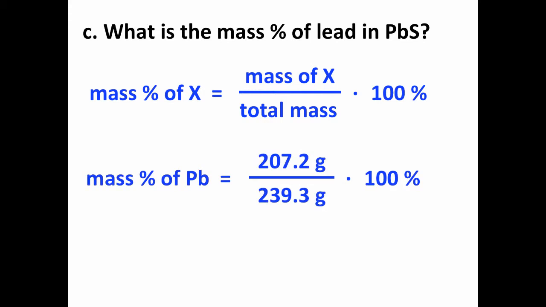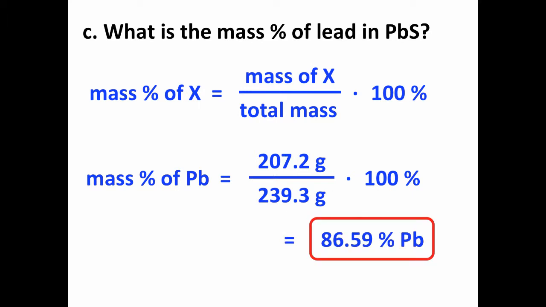So specifically, since 1 mole of lead sulfide weighs 239.3 grams, so we're choosing 1 mole of it as our amount of substance, it's going to contain 1 mole of lead, which weighs 207.2 grams, and then when you divide those two and multiply by 100, you get 86.59%, and that is the mass percent of lead in this compound.